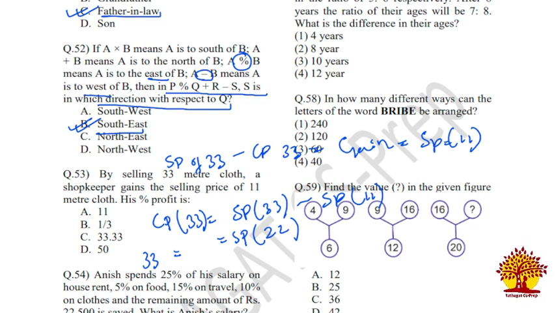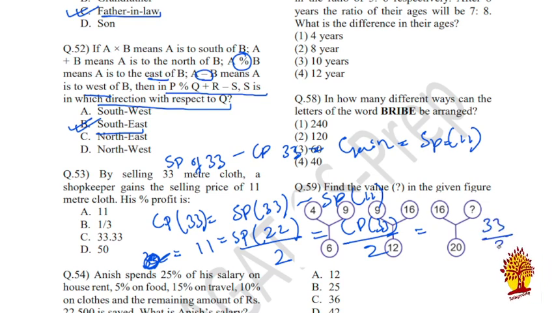So the selling price of 11 meters is equal to selling price of 22 divided by 2, and the cost price of 33 divided by 2. Here you will get 33 divided by 2 as the answer.